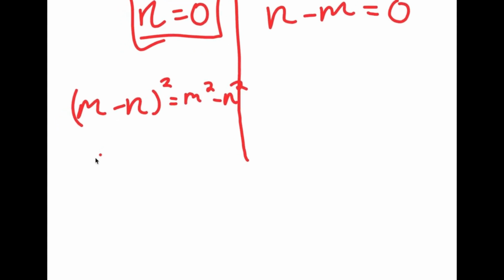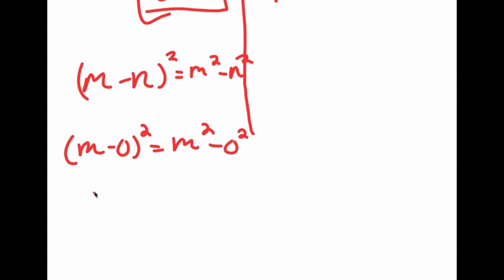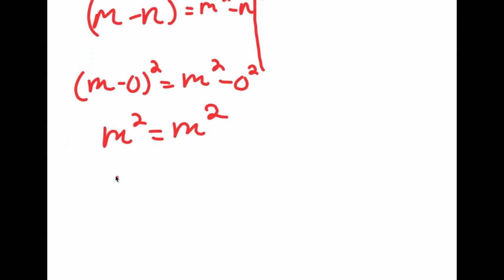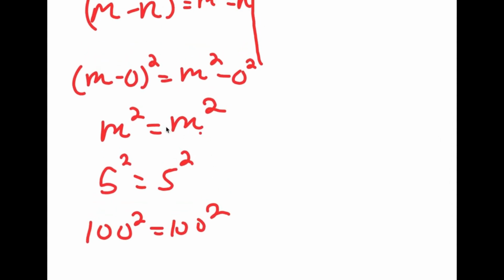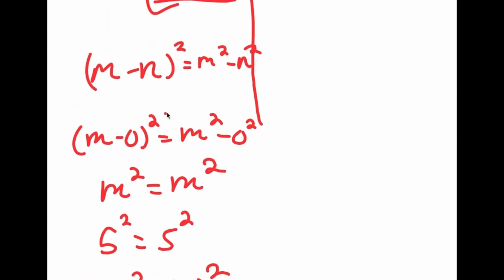If n equals 0, I get (m minus 0) squared is equal to m squared minus 0 squared, which turns into m squared is equal to m squared, meaning m can really equal any number. If m equals 5, then I have 5 squared is equal to 5 squared. If m equals 100, I get 100 squared is equal to 100 squared. So m can equal any number if n is 0.